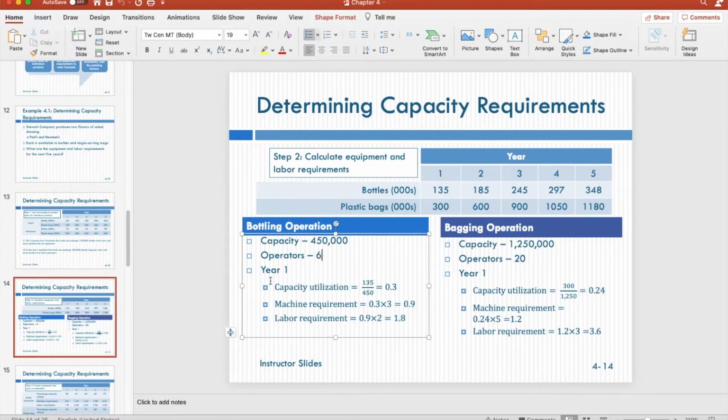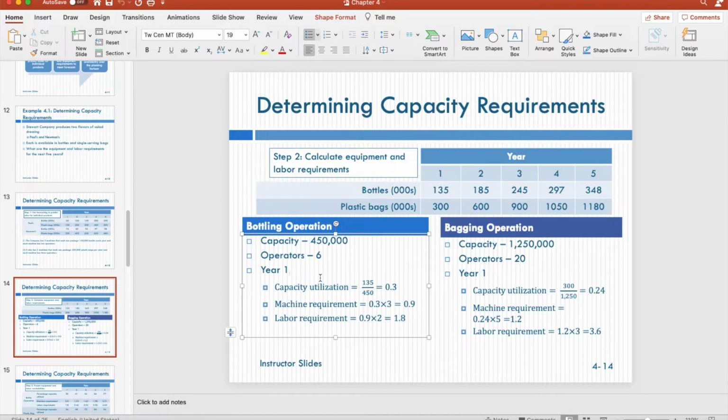All right. Now let's look at year 1. Actually, starting from year 1, year 2, year 3, year 4, year 5, let's look at them separately. So if we are in year 1, think about this: what is the total bottle amount that we need to produce in order to fit the market demand?